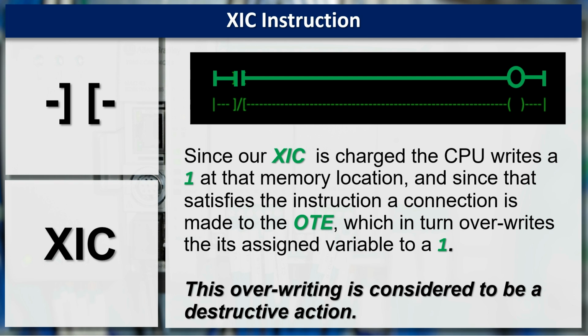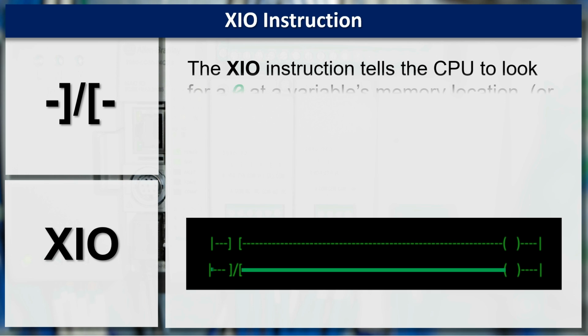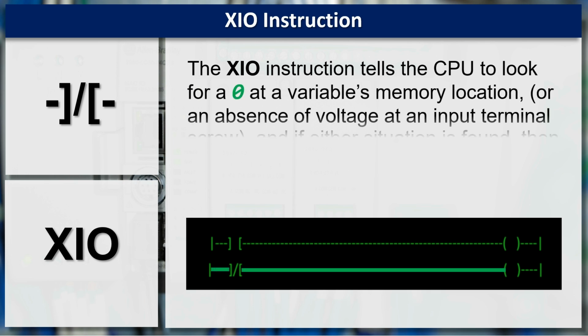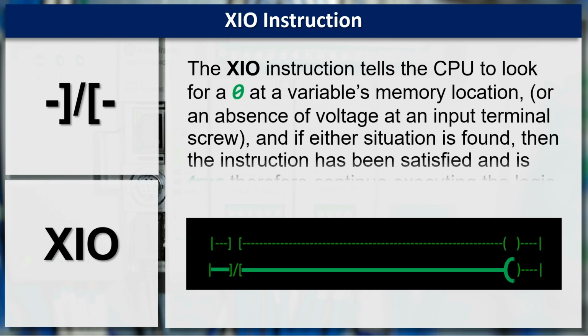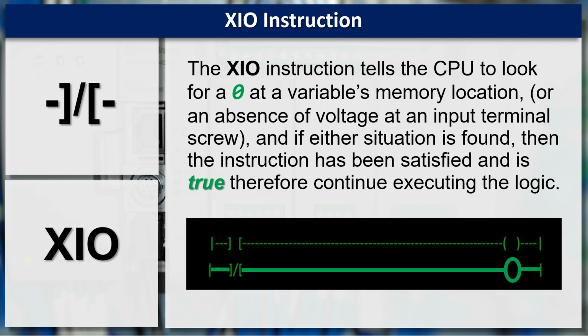This overwriting is considered to be a destructive action. The XIO instruction tells the CPU to look for a 0 at a variable's memory location, or an absence of voltage at an input terminal screw. And if either situation is found, then the instruction has been satisfied and is true.